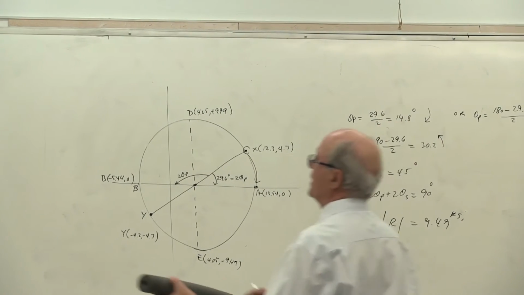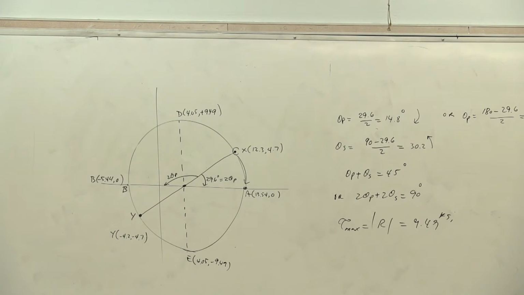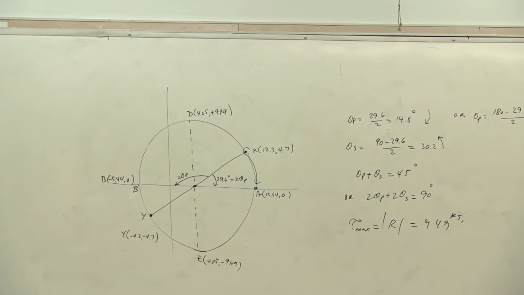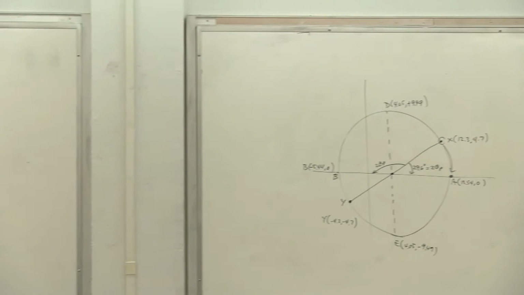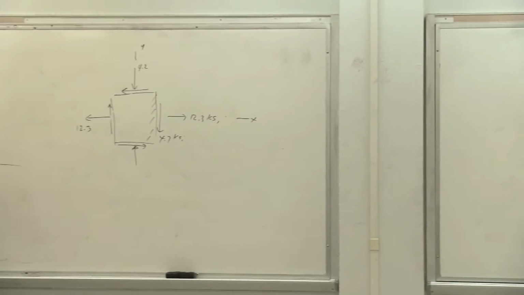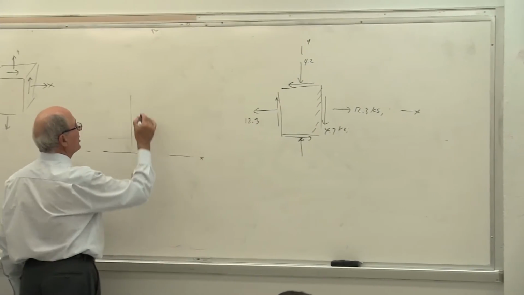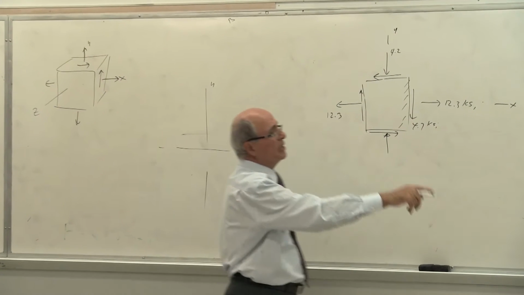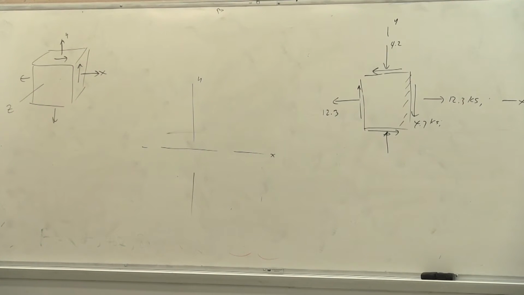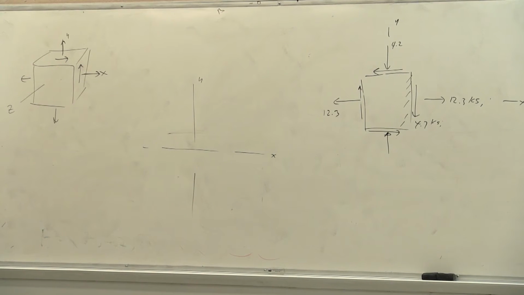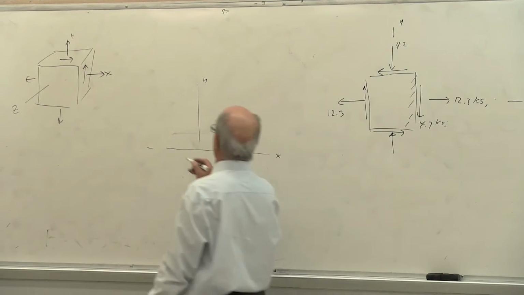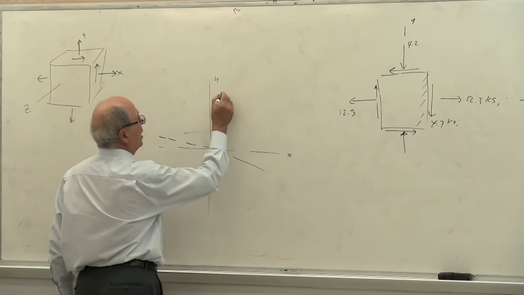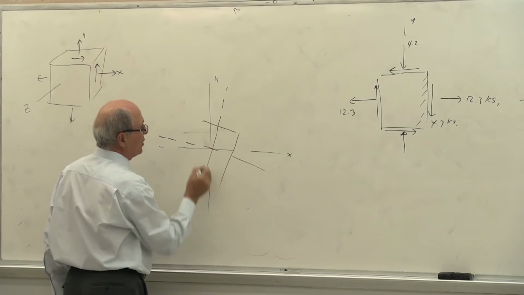So in other words, you get X and Y, and then you rotate that. I put it here for the benefit of the camera. So as you see here, I put X here, and I put Y here very lightly. Then I rotate that how many degrees? Not 29, half of that, which is 14.8. So I rotate that 40.8 degrees like this. And then I put my side like that.